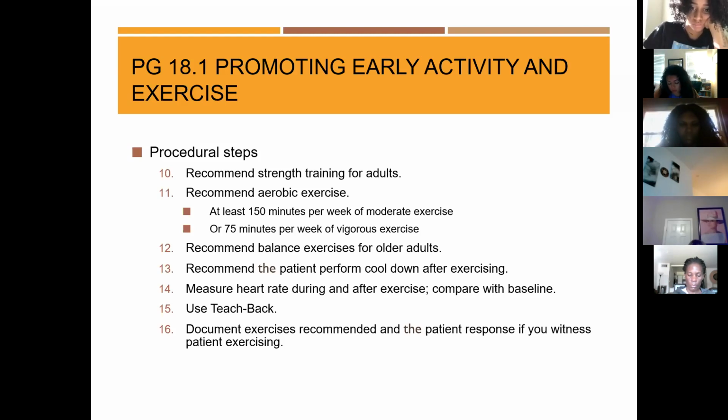Even older people have more of these technological things than I do, so it's pretty great for them, I suppose. So just let them know, hey, monitor your heart rate while you're exercising. If it's 20% more than your normal heart rate, then you'll need to slow down and take a rest break. Okay.